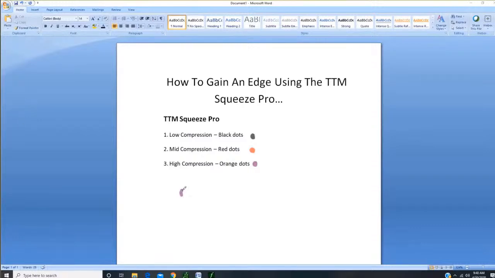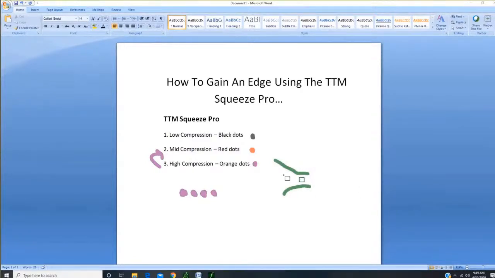Good. So, whatever is in the orange squeeze, and again, remember, it's purple, but we get it, the orange squeeze fires into the mid-compression squeeze. What that means is, because y'all might be like, what is he talking about? Let's say that the volatility is really calm, okay? And then the stock or the pair, I'm just going to use that to represent the stock.